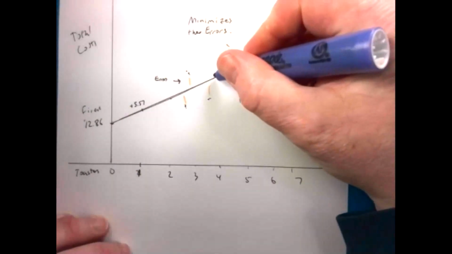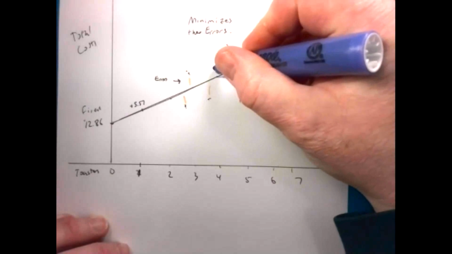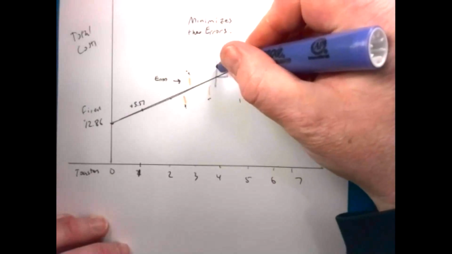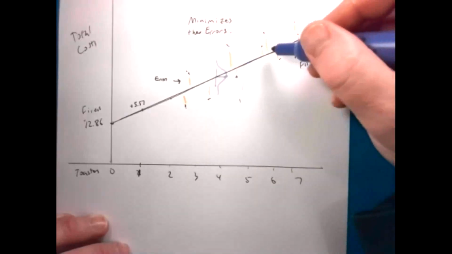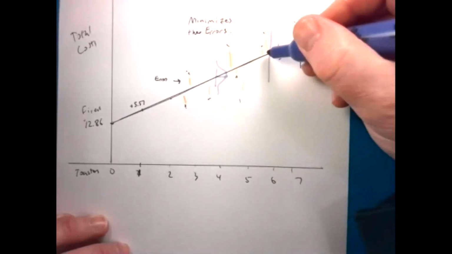The weird thing is, when you do those bell curve things, if you get in towards the middle, the errors are not very big, but as you get to the outside, they can get to be a lot bigger.